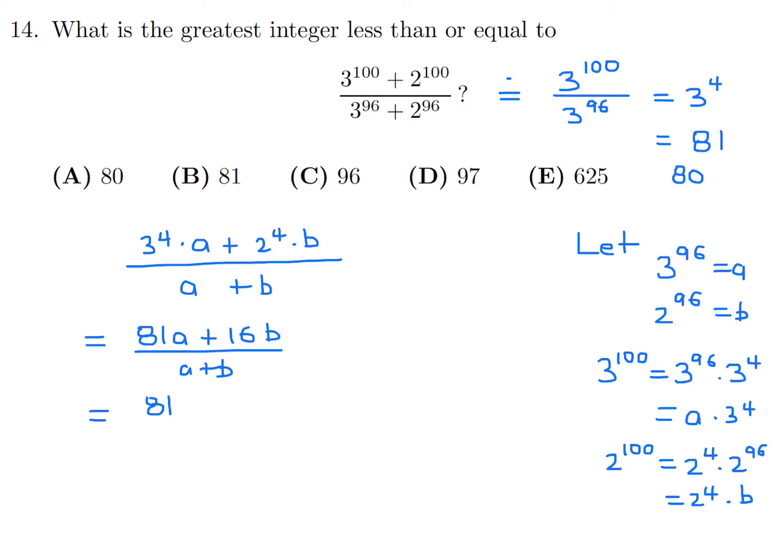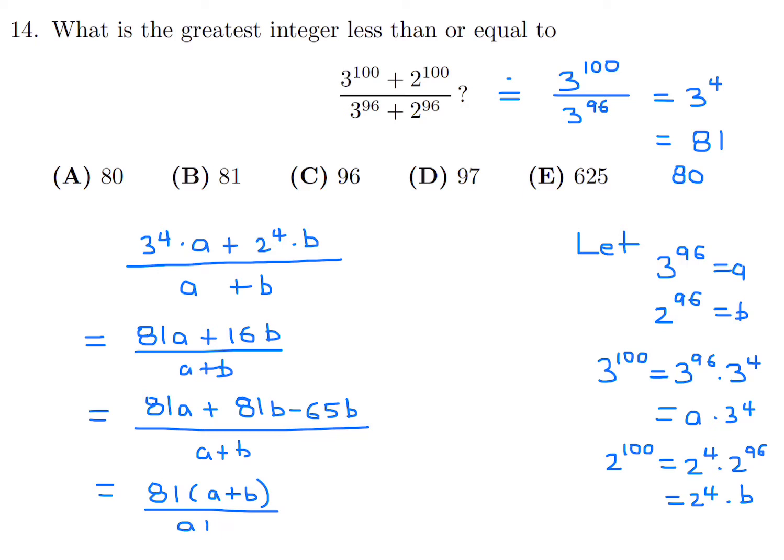This one will stay the same, but then I'm going to write 81B minus 65B. That basically equals 16. But when I break it up like that, it helps me, as I hope you will see.